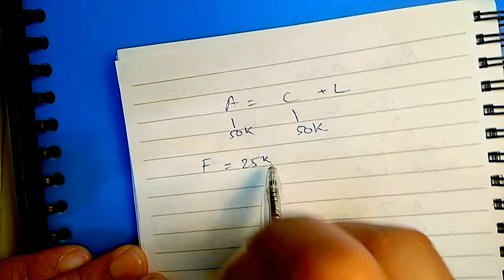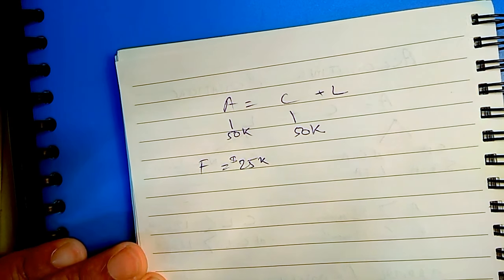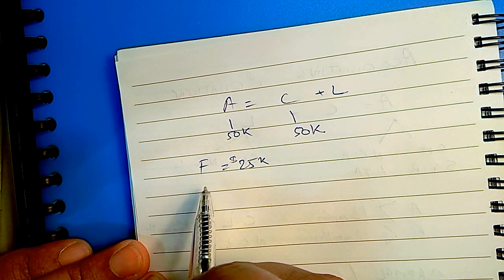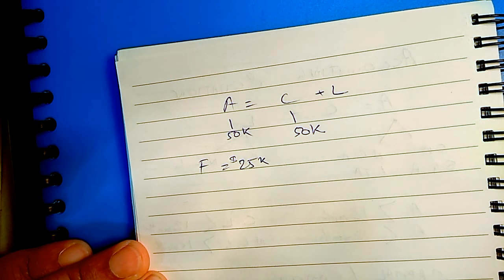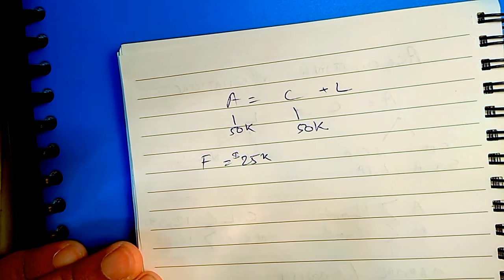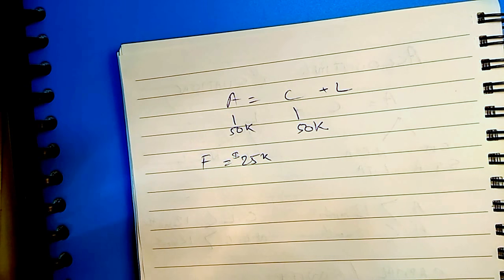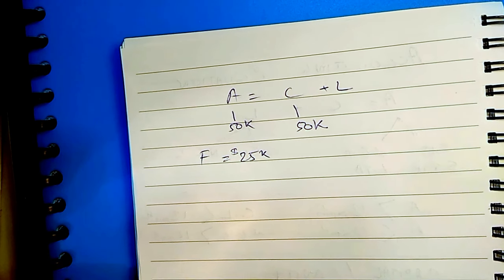Now what kind of asset is furniture? Furniture is a fixed asset, or a long-term asset, or a non-current asset. Why is it a non-current asset? Because normally furniture will stay with the business for over 12 months.